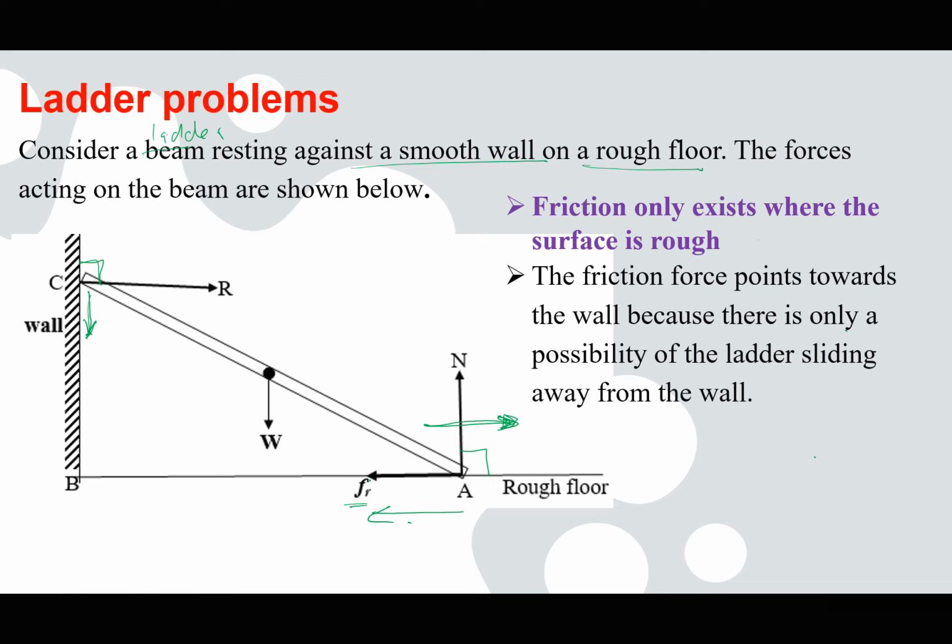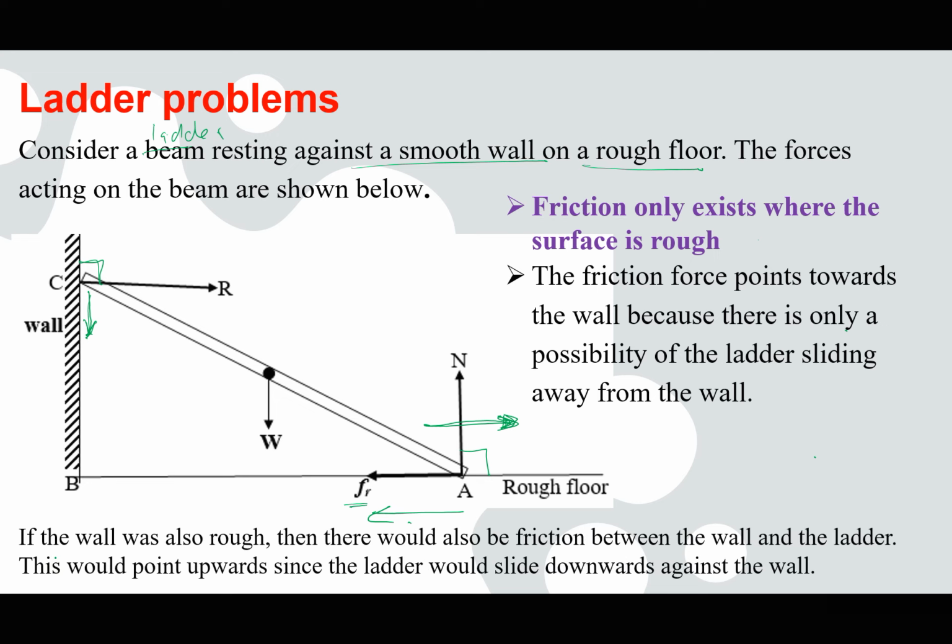That's why we are only putting friction on the ground, on the rough floor. Only where there is a rough surface do we expect friction to act. If they had told us that the surface is smooth, then we would not talk about friction in that case. The friction force points towards the wall because the ladder can only slide away from the wall.